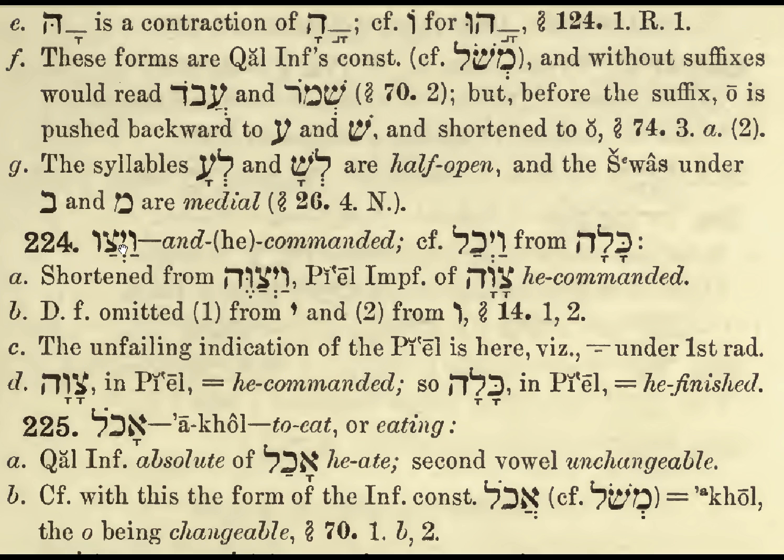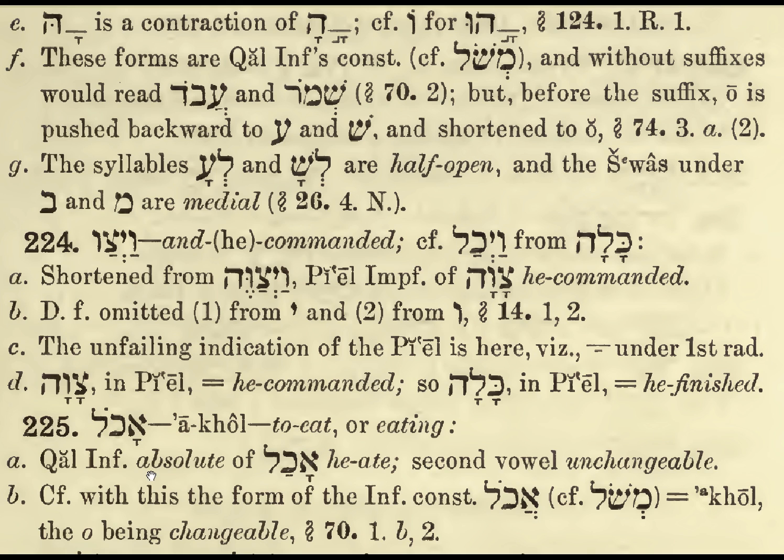Dagesh forte here is omitted, and also here. However, the indication of the pingel is here, the patach, under the first radical. Tzava, in pingel, he commanded. Kala, in pingel, he finished.